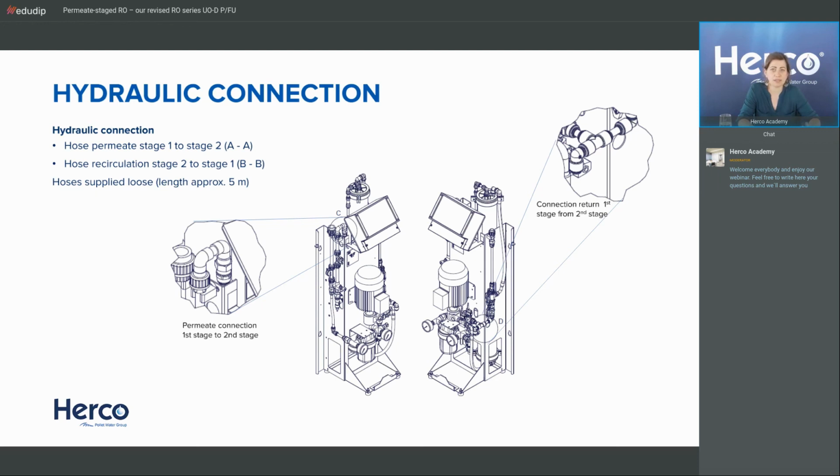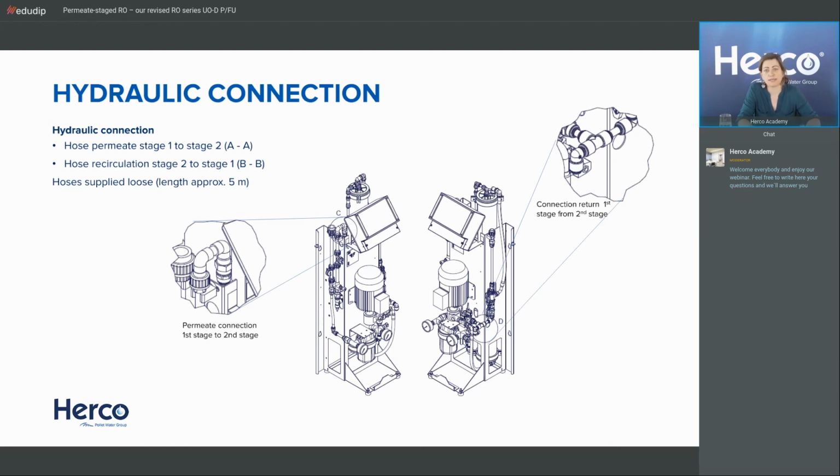And with the labeling, you just unscrew one part of the piping, connect the hose, and that's it. The hose will be supplied loosely, so we don't connect the units for the transport. Doesn't make sense. It will be harder to transport them. And you connect them directly on site, but it's just screwing, unscrewing, so it's a pretty easy thing.